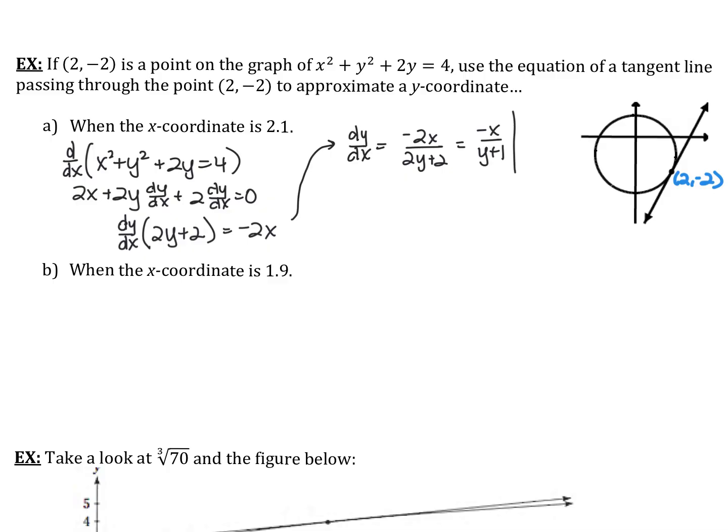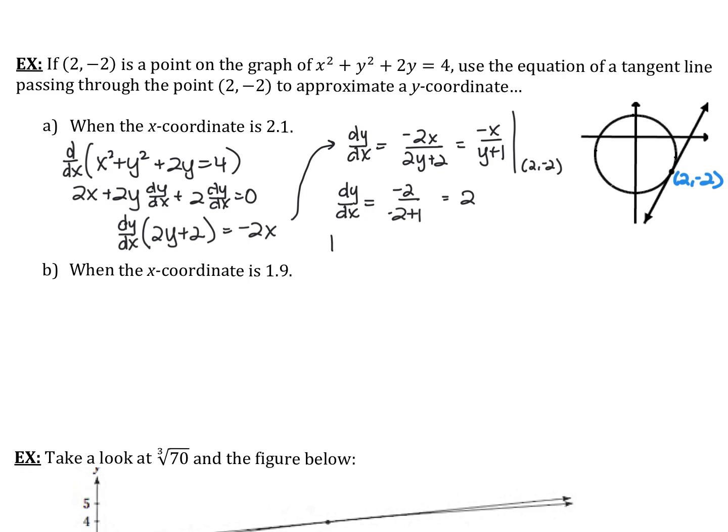But particularly, I want to evaluate this at the ordered pair (2, -2). So my slope dy/dx would be -2 over -2 plus 1 if I use the simplified, which just gives me actually a slope of 2. So my slope is 2.